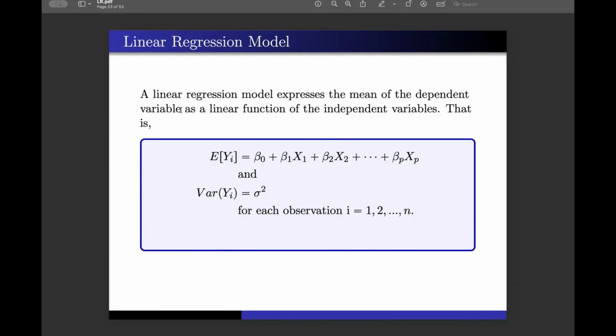And how do we reach this model equation? We reach this model equation after we make those four assumptions on the error term. So the assumptions on the error term are very, very important because we get this linear regression model once we make those assumptions on the error term.